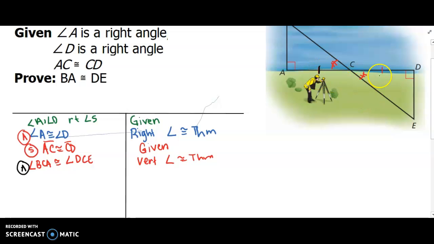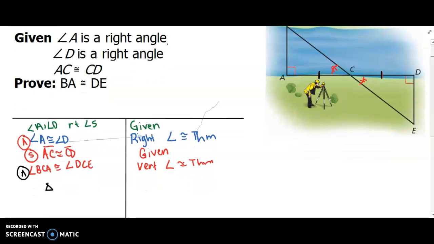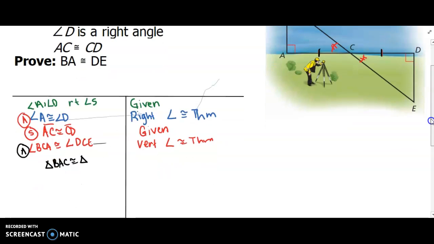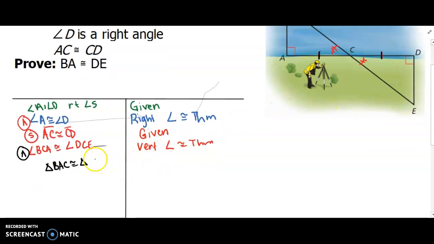This side is between the two known congruent angles. So I can say that triangle BAC is congruent to triangle. Now remember to write these in the correct order. So BAC would be EDC by the angle side angle congruence theorem.